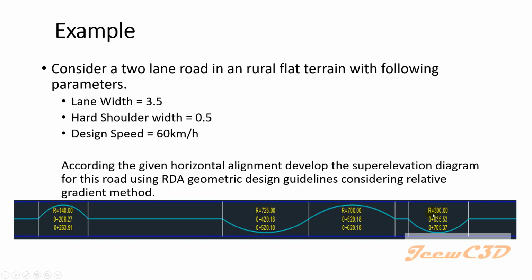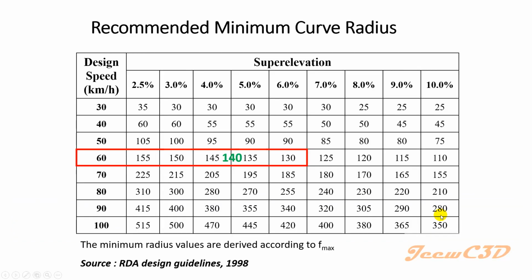This is the recommended minimum radius table I gave you in the horizontal alignment lecture. Our design speed is 60 and the lowest radius is 140. It is in between super elevation 4 and 5. You cannot interpolate to get the super elevation value in this case.